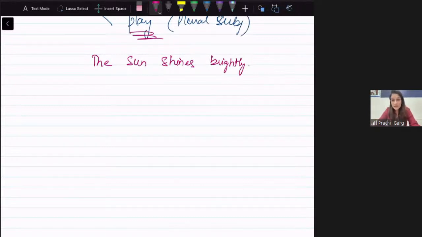We're talking about one sun. There's only one sun that we have, right? So sun is a singular subject, hence we use the singular form of the verb. We add s to the verb. Shine will become shines. Am I clear? Look at another example.